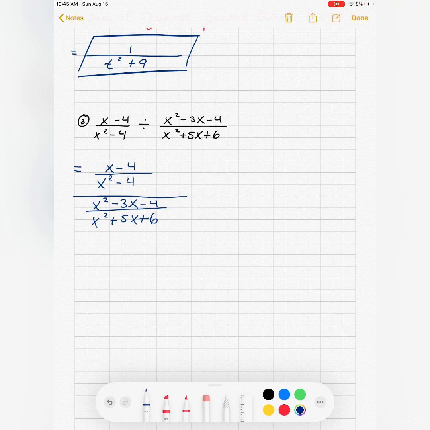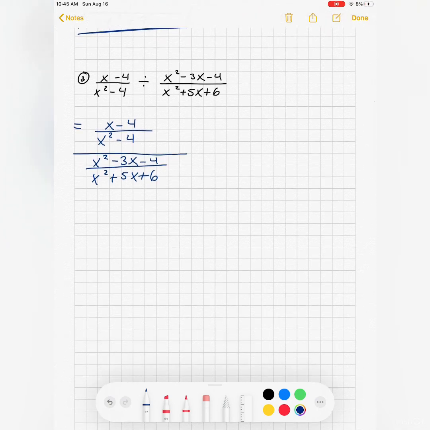Make sure I copied everything down correctly. Okay. So if you remember how to divide fractions, you leave the top fraction the same. The bottom fraction flips. And then you have a multiplication.